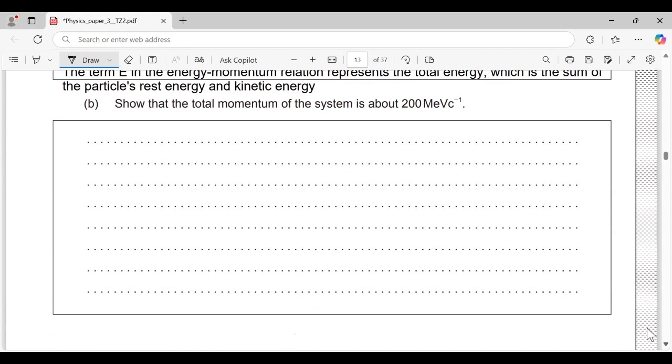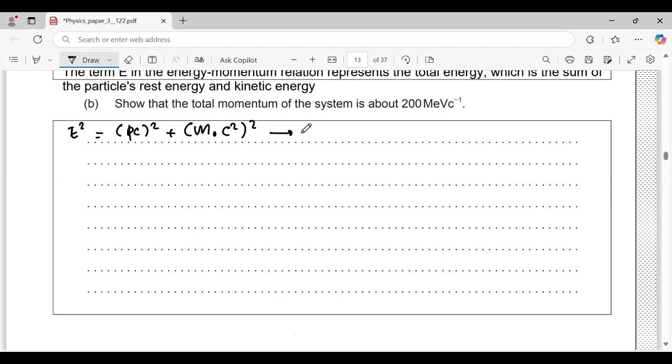Show that the total momentum of the system is about 200 mega electron volt per C. The energy momentum relation is this one, according to the information: E squared equals (PC) squared plus (M0 C squared) squared. To solve for P, we have to rearrange this formula.